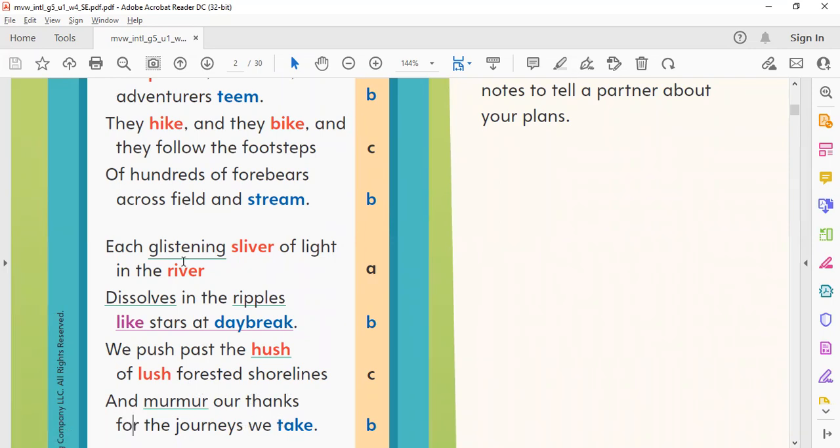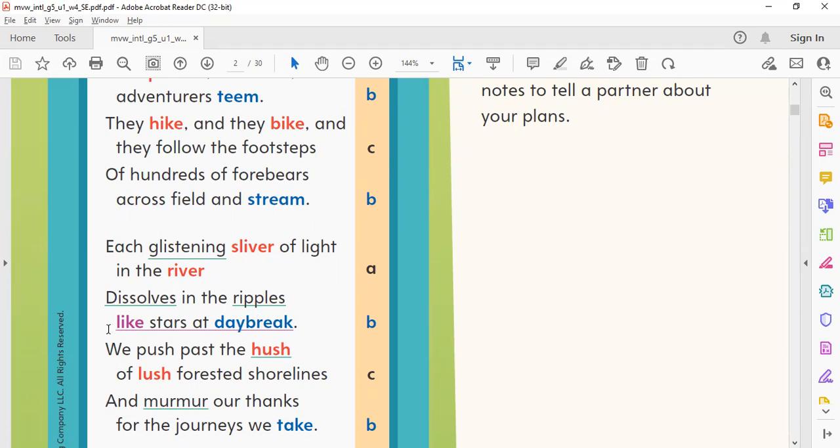As you can see here, guys, glistening, dissolves, murmur, hush, they are onomatopoeia. They are words that express a sound. Now you hear the hush. Murmur means we talk in a low voice. Also, glistening means shining. Okay, dissolves.